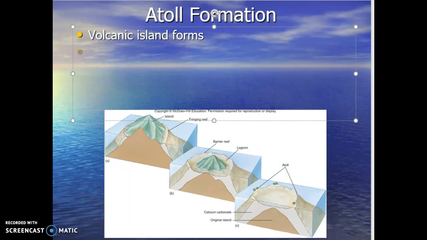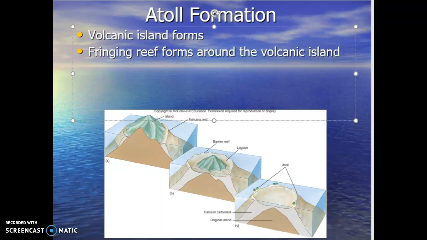So this volcanic island forms, and from this volcanic island, a fringe reef forms around the island. So you've got your volcano, and then you have your, let me get the pen, and then you have your fringe reef starting to form.